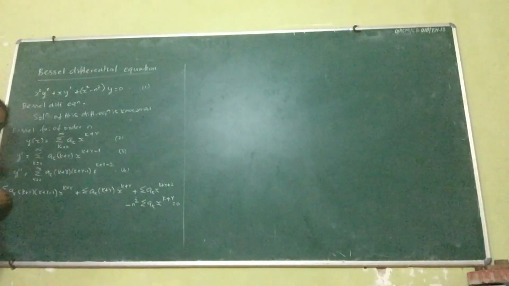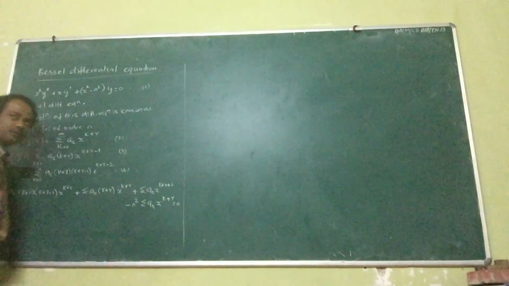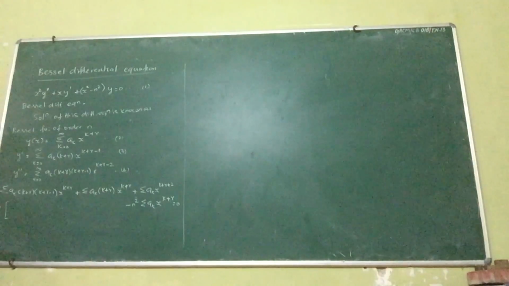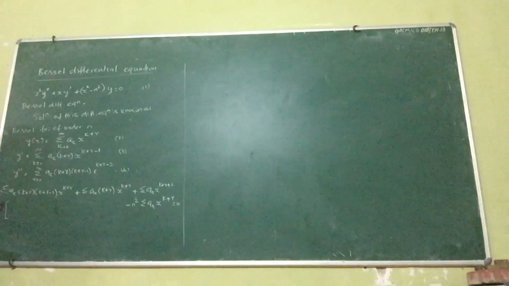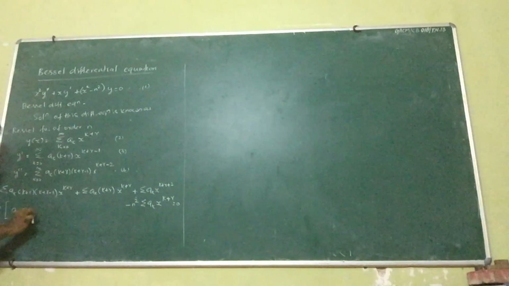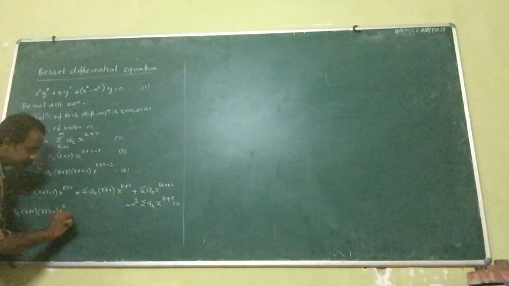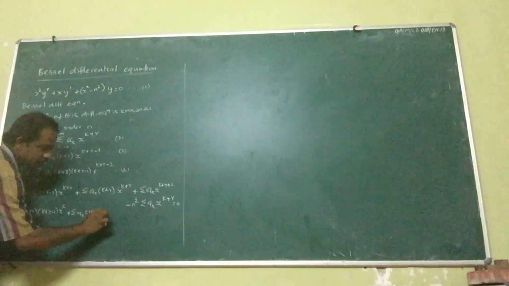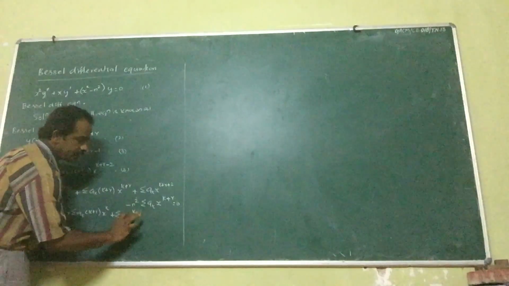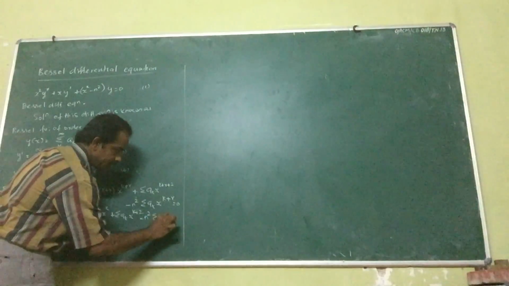The summation stands from k equals 0 to infinity everywhere. So after pulling x to the power r out, we have a_k (k plus r)(k plus r minus 1) x to the power k, plus a_k (k plus r) x to the power k, plus a_k x to the power k plus 2, minus n squared a_k x to the power k.